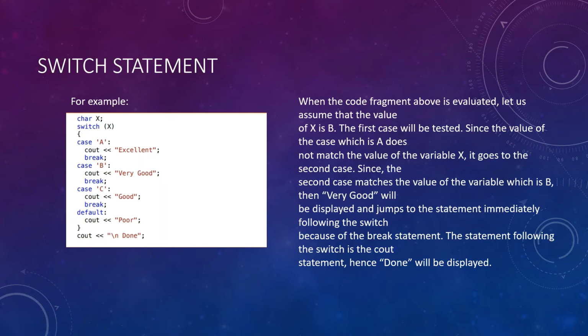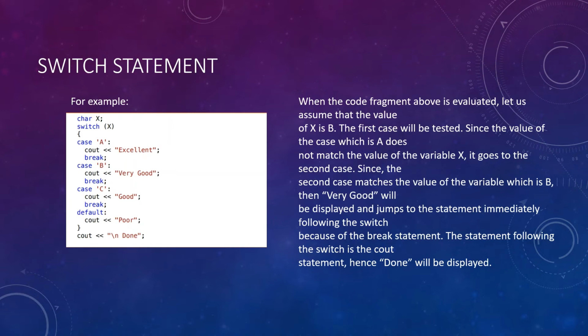When the code fragment above is evaluated, let us assume that the value of x is b. The first case will be tested. Since the value of the case, which is a, does not match the value of the variable x, it goes to the second case.